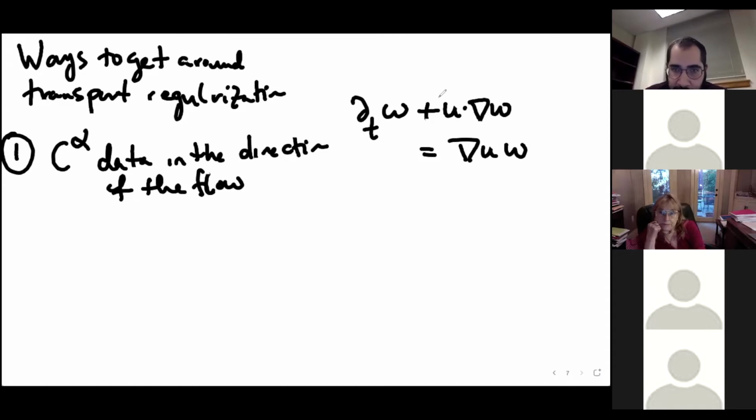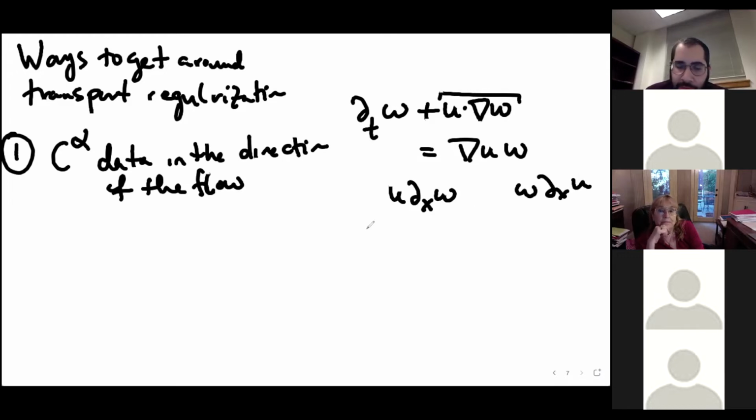So if you consider u dx omega versus omega dx u, and you think about omega is like x to the alpha, u is like x, right? So u is always smoother, or at least 1 degree smoother than omega.